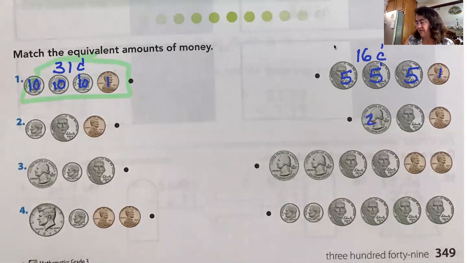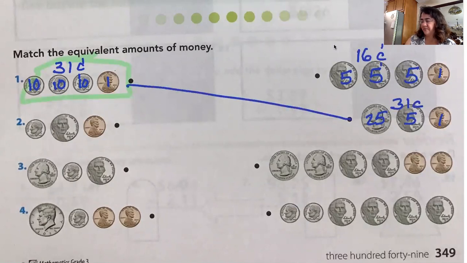Now I have 25 cents and 5 cents and 1 cent. So 25 plus 5 is 30. Plus 1 is 31. Uh-oh, I found it, friends. Let's draw our line. Okay. So I'm going to let you work out the rest of them. Turn your paper over and let's continue.